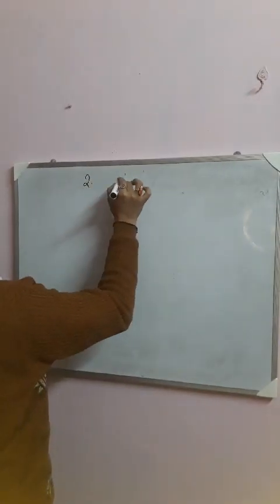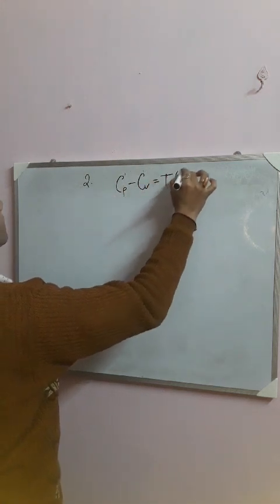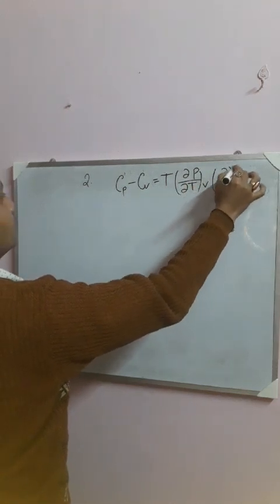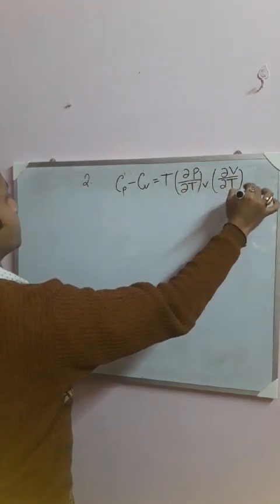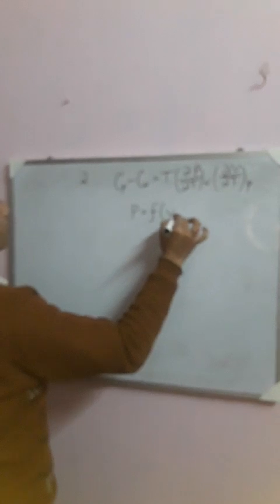Now, we have found the general equation of Cp minus Cv as T into del P del T at constant volume into del V del T at constant pressure. Now let us assume pressure as a function of volume and temperature, and check what happens.